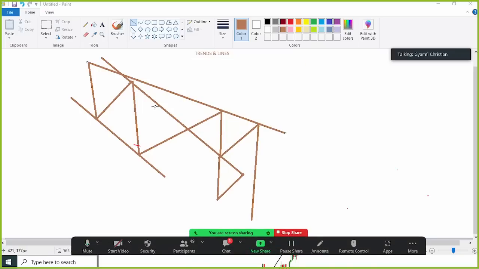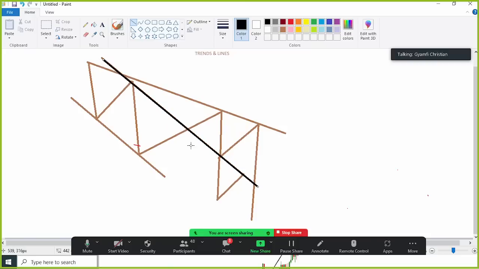So let's assume we are using this diagram over here, and then instead of drawing the trend line on top of this swing point, you rather use this as your resistance.